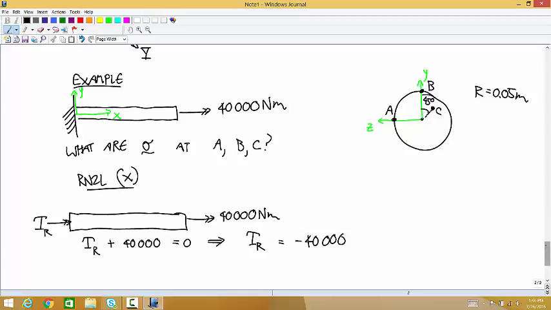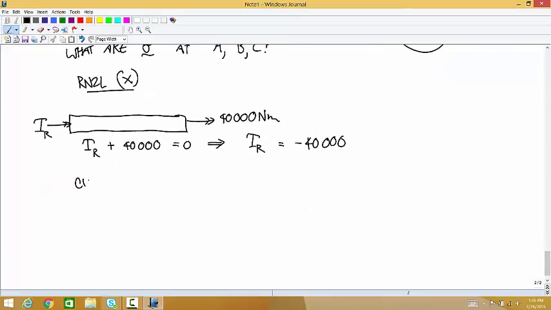And now we'll do a cut. You can probably see this coming, but this is the way you calculate it carefully anyways. So we have 40,000 Newton meters going this way. We have an internal torque, T, going this way.